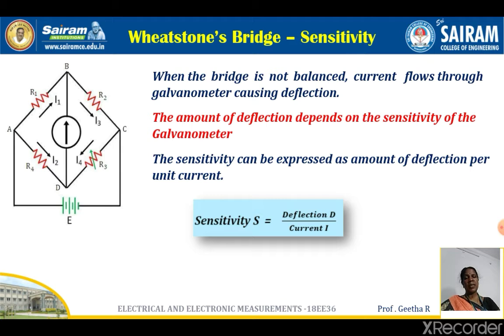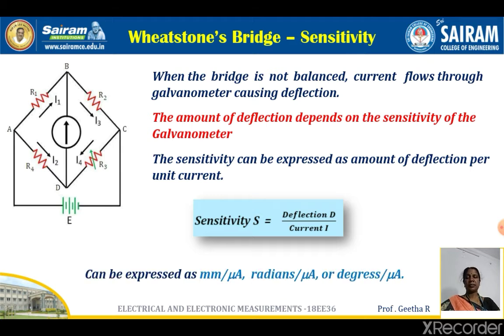Per unit current, how much it is deflected is nothing but sensitivity. It can be expressed as millimeter per microamp, or radians per microamp, or degrees per microamp.